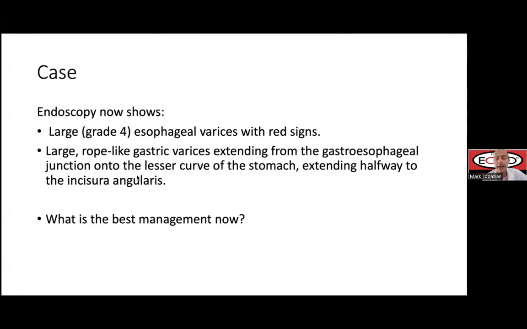I have to say we did not have any cyanoacrylate. And one person said they would just treat the gastric varix only. I want you to note, looking at the case, that there are large esophageal varices with red signs, high risk, and they extend onto the gastric lesser curvature. The fact they're on the lesser curvature turns out to matter as we go along.